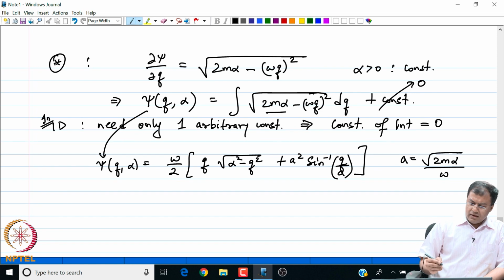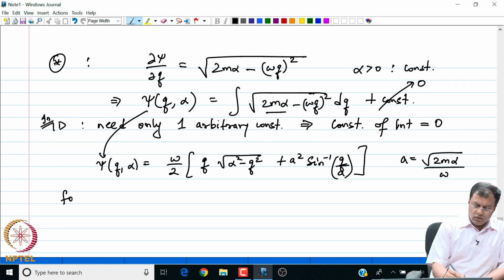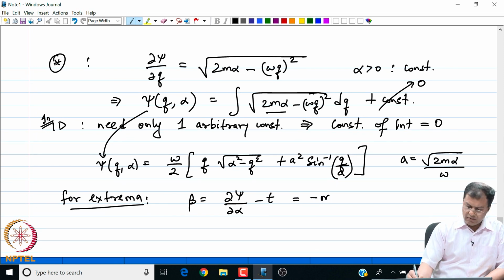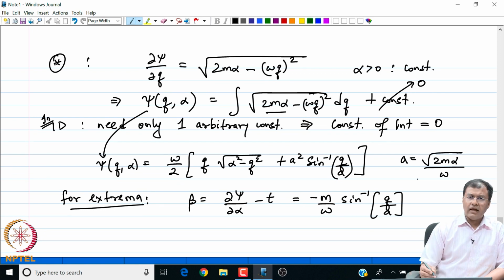And for extrema, I just need to solve one equation that I highlighted in my solution strategy. So, beta is del psi del alpha minus t, right. So, from here I see that this is minus m by omega sine inverse. I differentiate psi with respect to the constant alpha, and I am writing the answer directly. So, students should check all these steps which involve algebra.